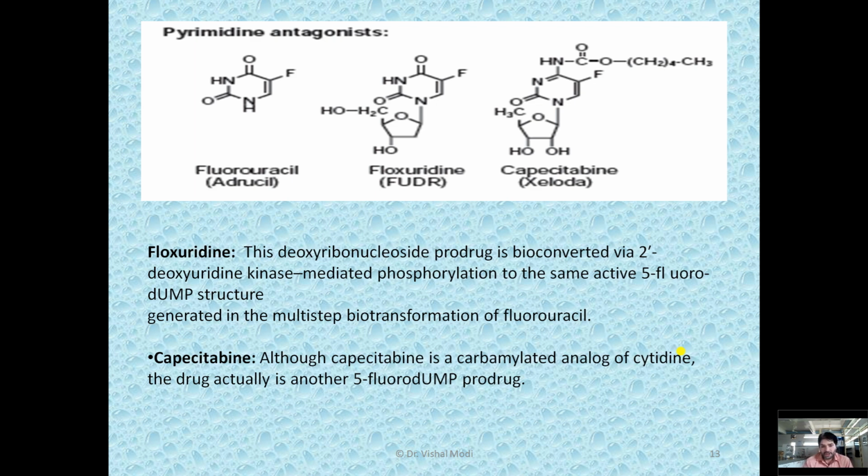Floxuridine, this deoxyribonucleoside product, is bioconverted via thymidine kinase mediated phosphorylation to the same active 5-fluorodeoxyuridine monophosphate structure generated in the multi-step biotransformation of fluorouracil. Capecitabine is a carbamylated analog of cytidine, another 5-fluorodeoxyuridine monophosphate prodrug. So, basically fluorouracil and capecitabine both convert into floxuridine in vivo.